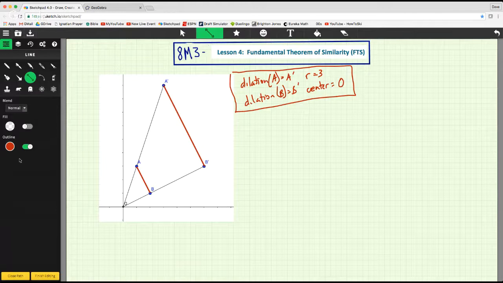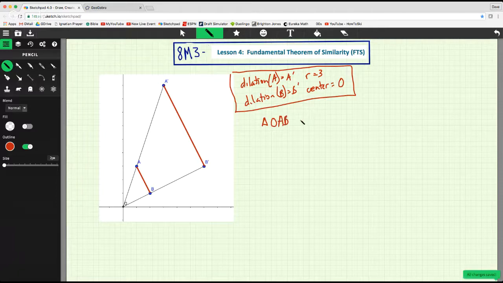Now, what I want to show you is that this is a triangle. I want to convince you of this. Triangle OAB is a dilation of, if I dilate that, I will get triangle OA prime B prime.